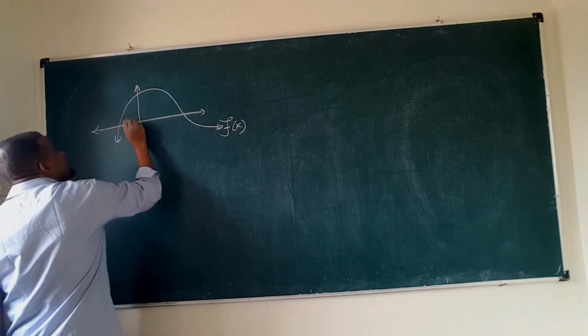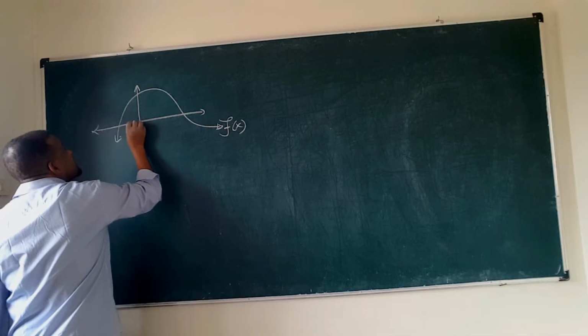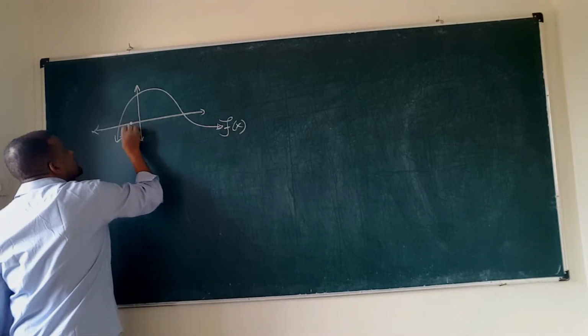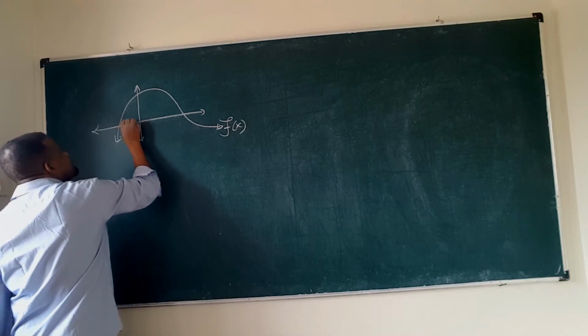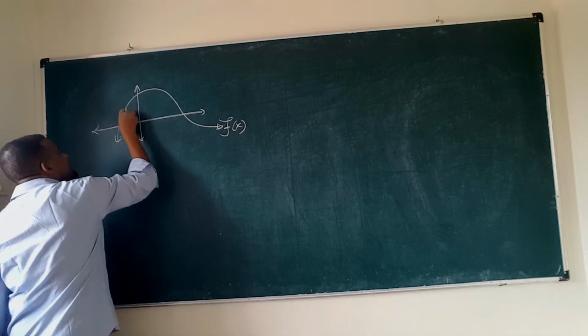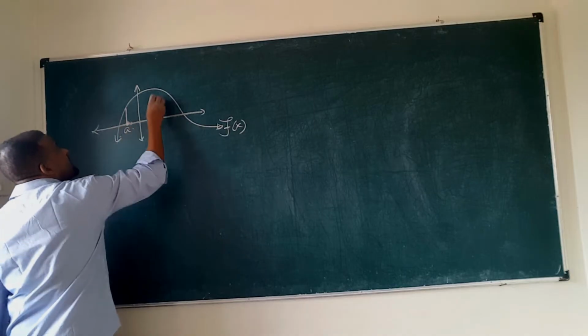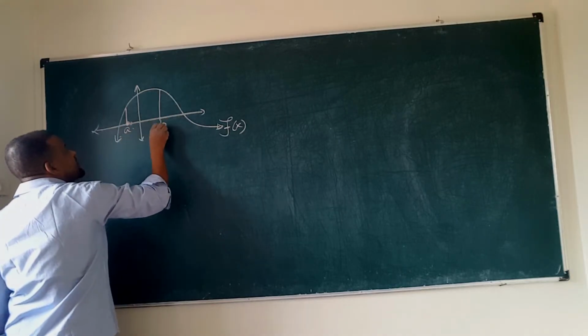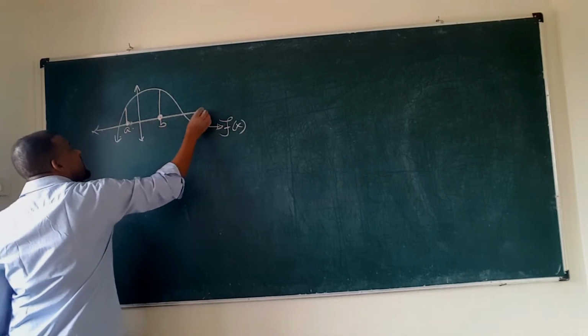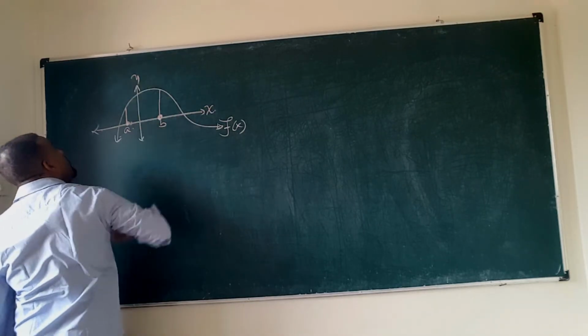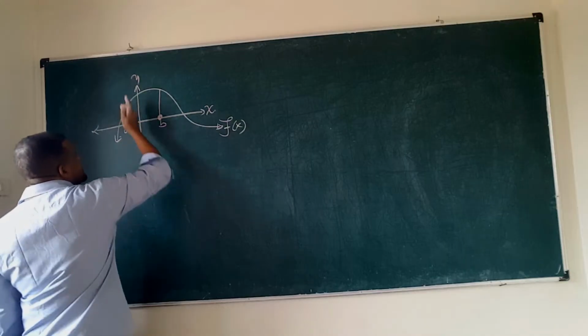Let's take the interval ab to be here. Suppose a is here, this is a. Suppose b is here, right? Look, this is the x-axis, this is the y-axis.